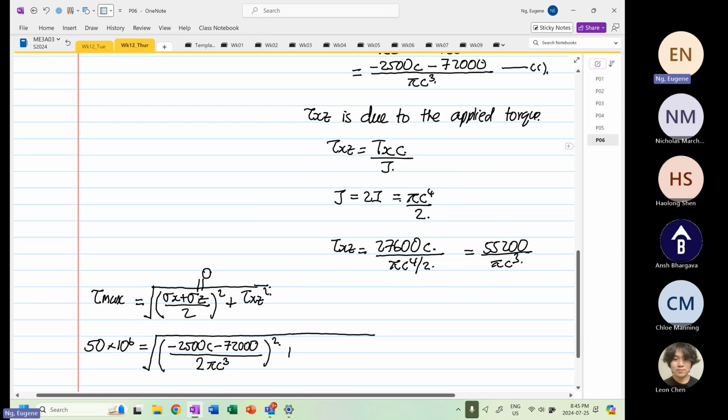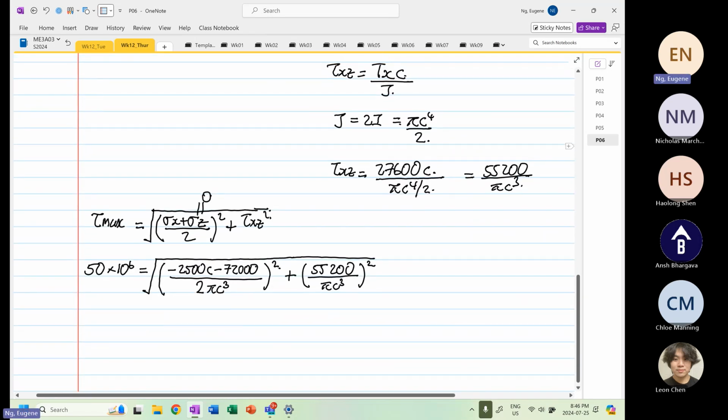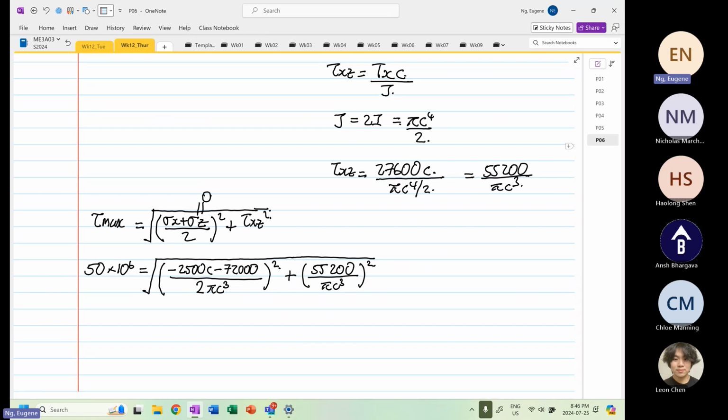And then we just have to add 55200 divided by pi c cube, and the whole thing squared. So now one equation, one unknown. It is solvable.